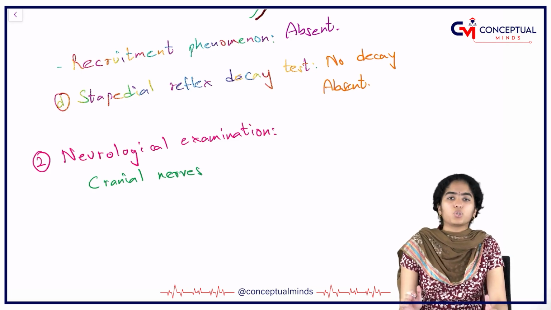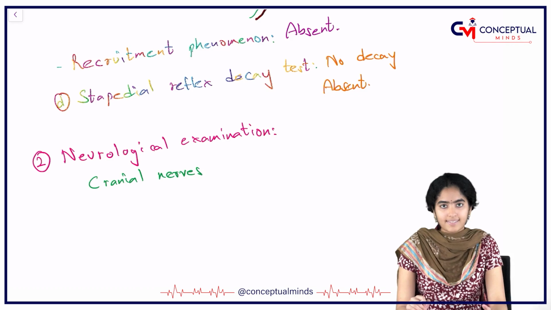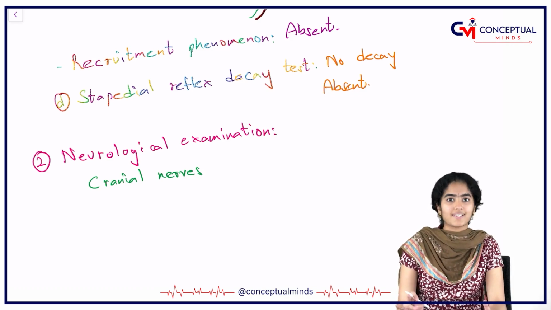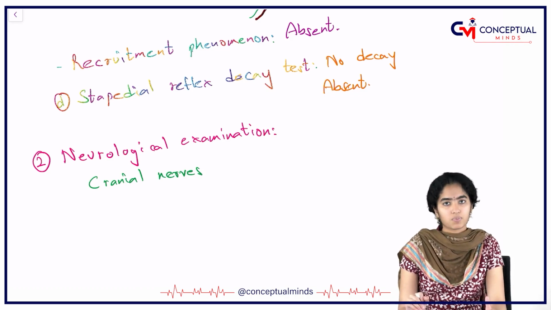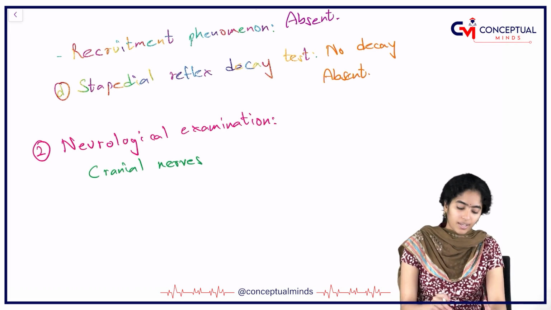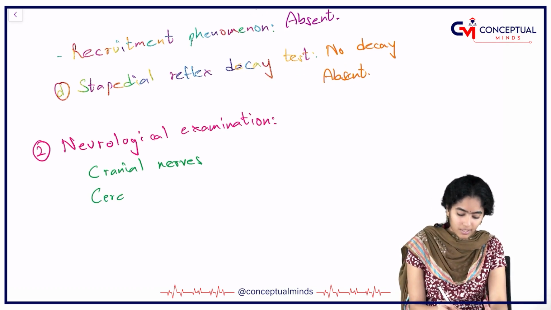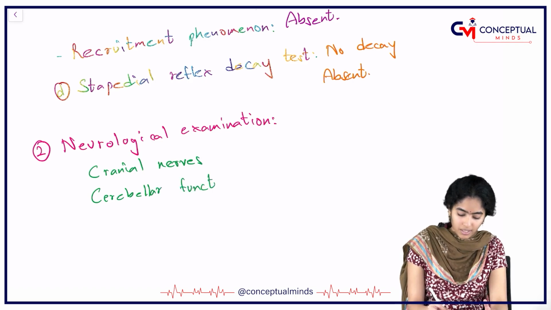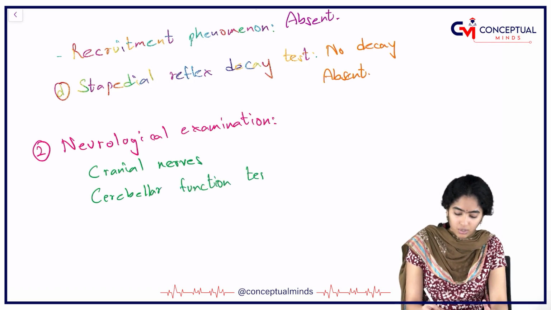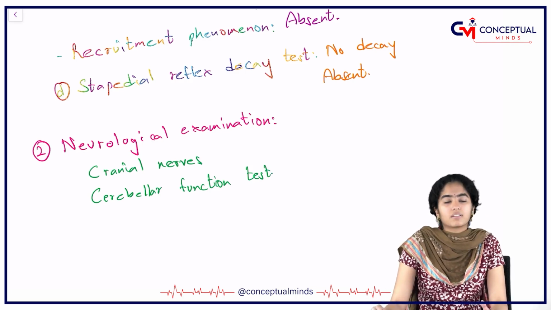From 1st nerve to 12th nerve, all cranial nerves are tested with special focus on 5th, 7th, 9th, 10th, 11th cranial nerves because they are affected here. Next, we also do cerebellar function tests. I have already explained what the cerebellar function tests are. Finger nose test, heel knee test, dysdiadochokinesia, all of them are done.